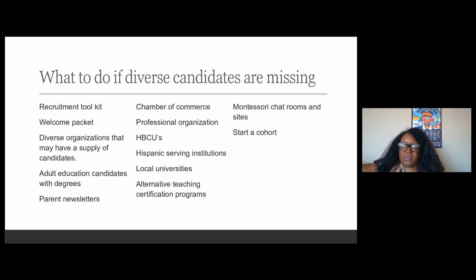LinkedIn. That one's awesome. Facebook. Awesome. Yeah, there's some really creative ways to use social media. If you have someone dedicated in your district, they probably know a million different ways to share that information out in ways that are unique and fun, etc. But I love that. Anyone else have some suggestions for recruitment of diverse candidates?